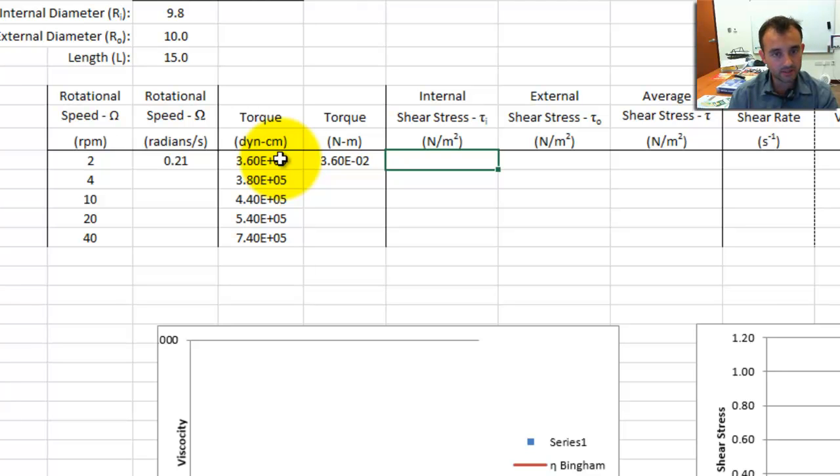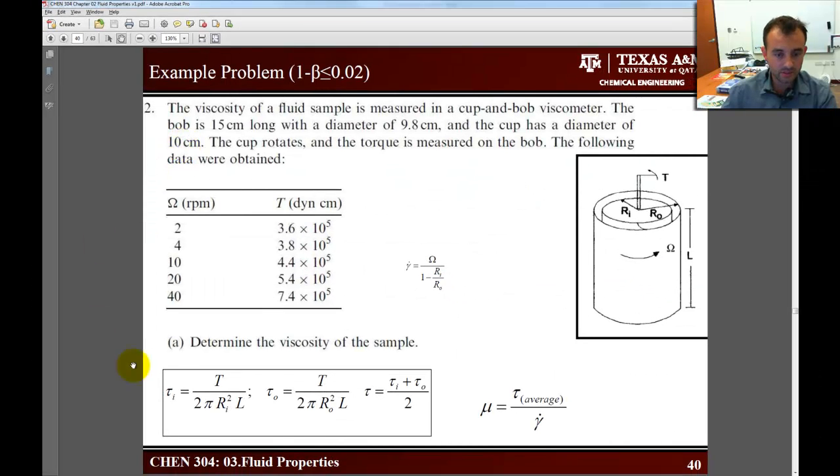Then to calculate the internal shear stress and the external shear stress, I can use the same formula with the different radius or diameter.